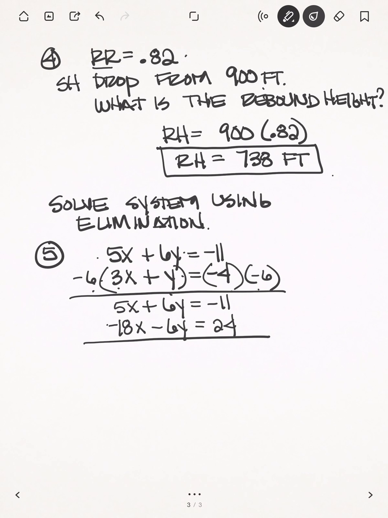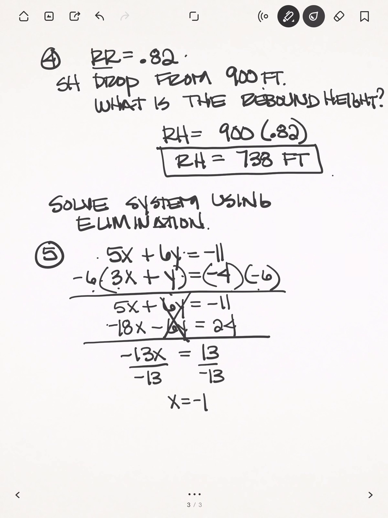Now, when I add them together, I want to eliminate one of the variables. That's why this is called the elimination method. So 5x minus 18x gives me negative 13x. These y's cancel out. And I have negative 11 plus 24, which is positive 13. When I divide by negative 13 on both sides, I get x equals negative 1.